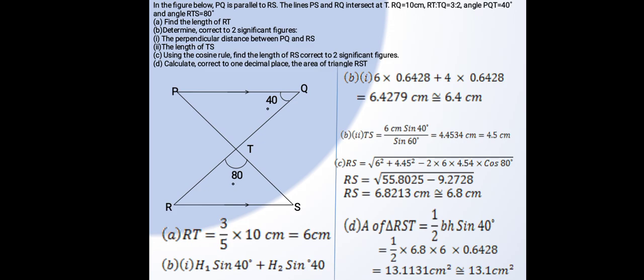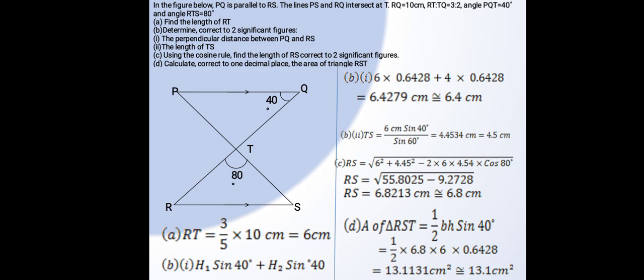Part B, we have been asked the length of TS. The length of TS, we can calculate it using the sine rule, and we get it to be 4.5. And then part C, using the cosine rule, find the length of RS correct to 2 decimal places. RS squared will be 6 squared plus 4.5 squared minus 2 multiplied by 6 multiplied by 4.5 multiplied by cos 80.